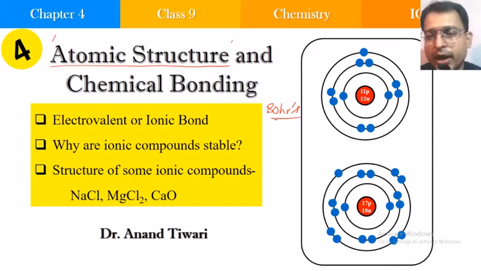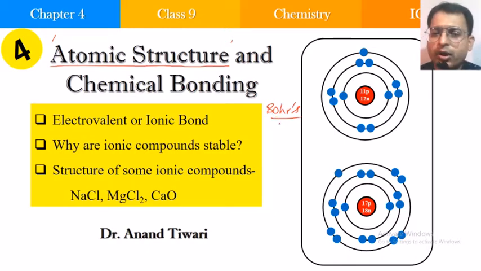It was the planetary model which suggested that electrons are revolving around the nucleus in fixed orbits, shells or energy levels. Okay, so as long as they are revolving within these shells, they will not lose any energy. So he called this as shells or orbits.